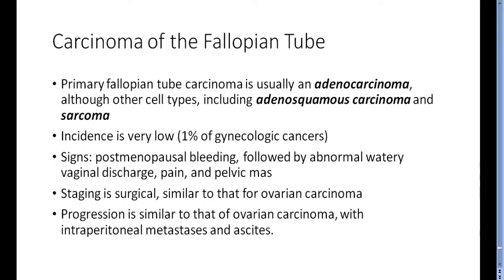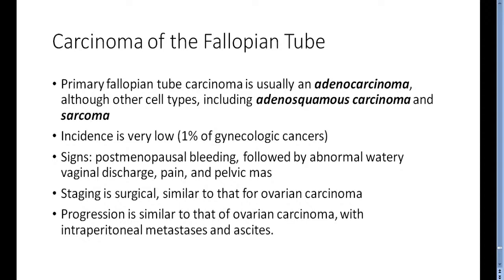Carcinoma of the fallopian tube is very rare. Incidence is very low, only 1% of gynecological cancers. Signs are postmenopausal bleeding, followed by abnormal watery discharge, pain, pelvic mass. But as you see, these symptoms closely resemble what we discussed before.